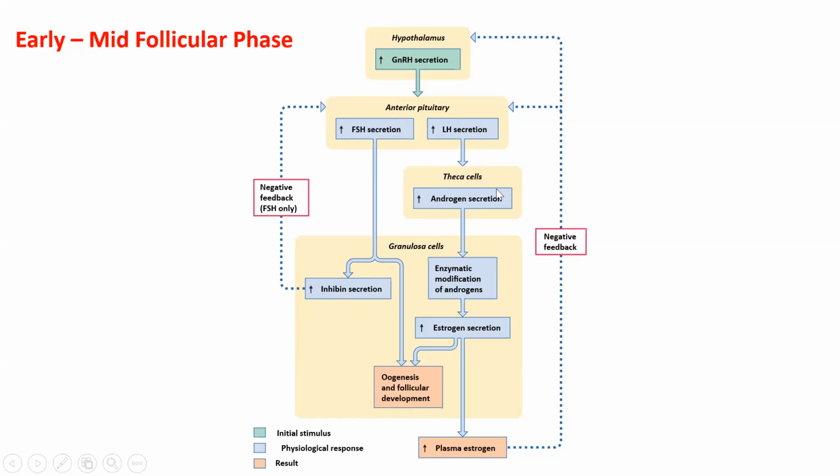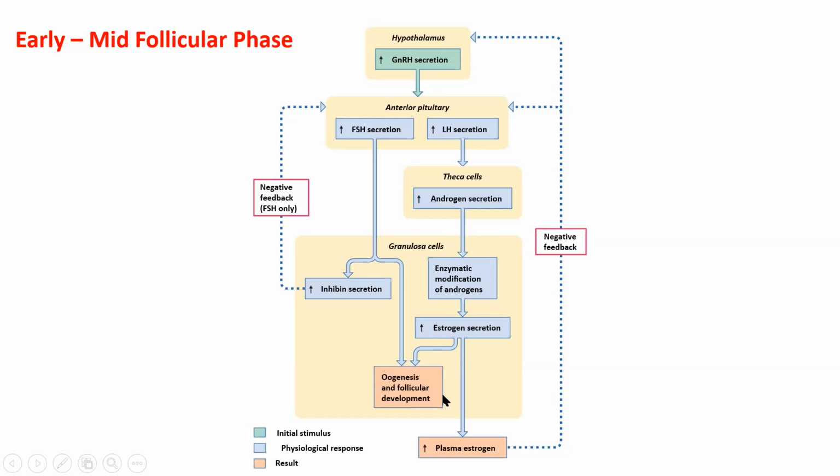LH, on the other hand, is going to stimulate the theca cells. So the theca cells are going to secrete estrogen, and we can also compare the theca cells in some regard to the Leydig cells. These are the cells that are secreting the hormones that eventually have 3 roles. So the hormone being secreted, primarily estrogen, is going to have 3 functions, just like we saw in the males. 1, it's going to feed back onto the hypothalamus to inhibit GnRH secretion. 2, it's going to have a negative feedback loop onto the anterior pituitary to inhibit LH secretion.